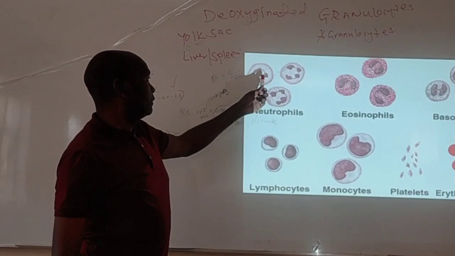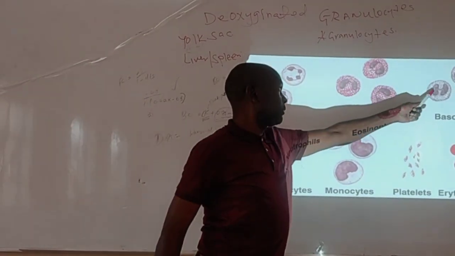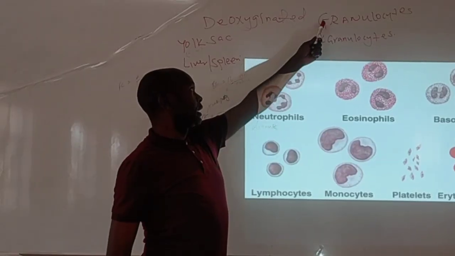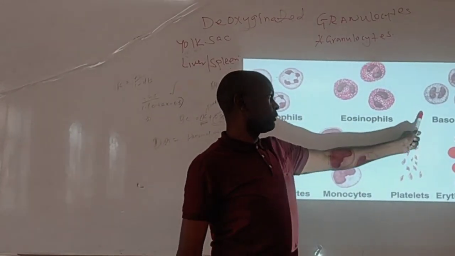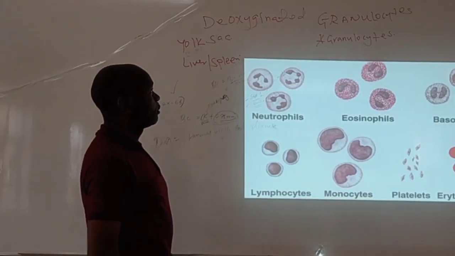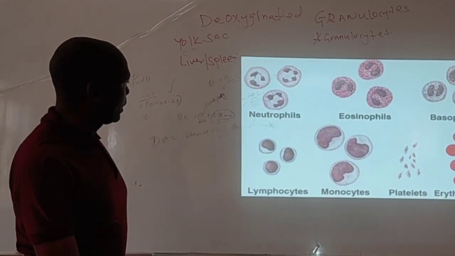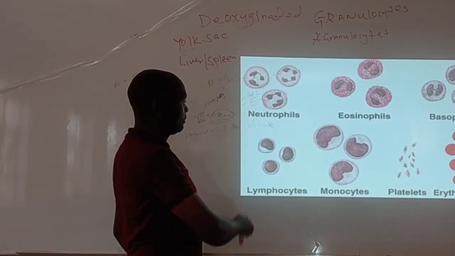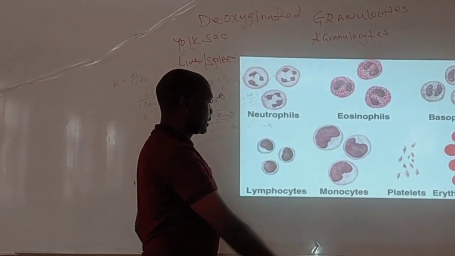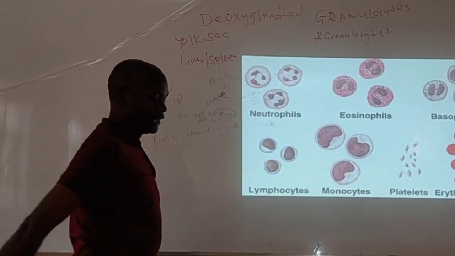Granulocytes have granules in the cytoplasm. You can see up here. And therefore, the granulocytes are just neutrophils, eosinophils, and basophils. When we talk of agranulocytes, these are white blood cells that lack granules in the cytoplasm. And these are just two, that is the lymphocytes and the monocytes.